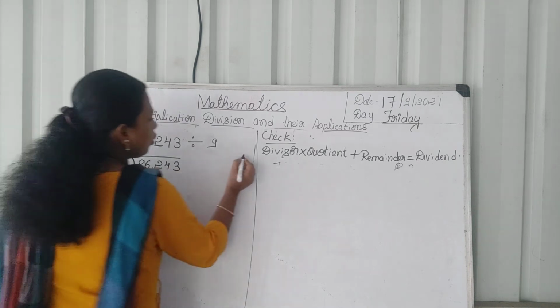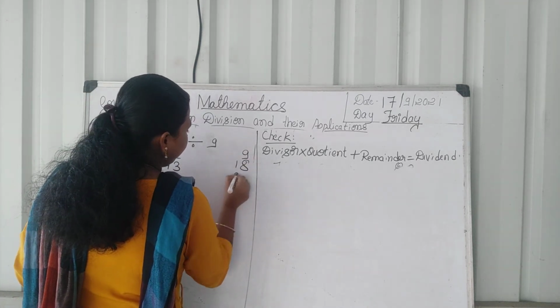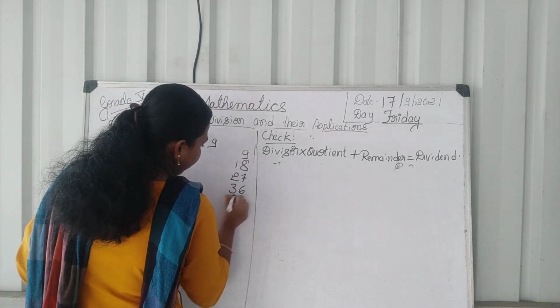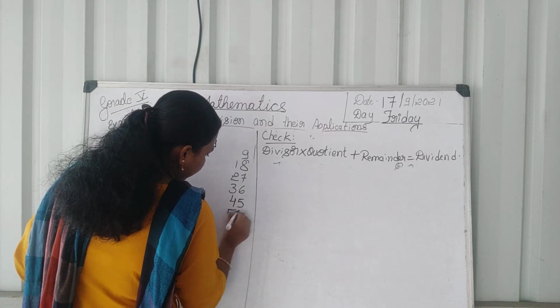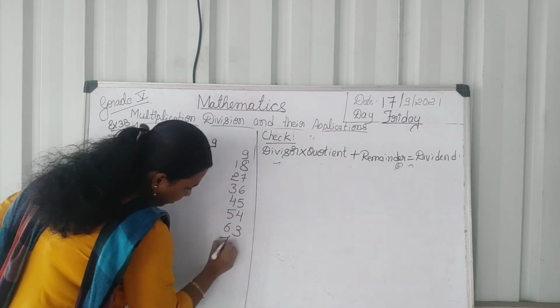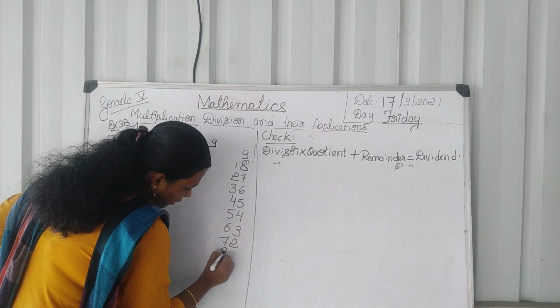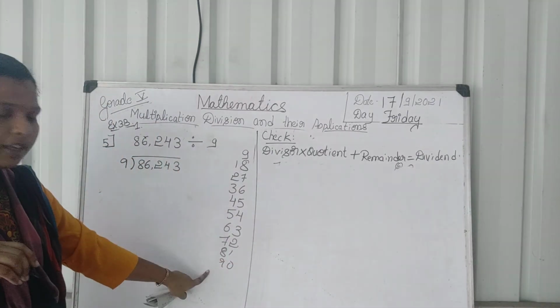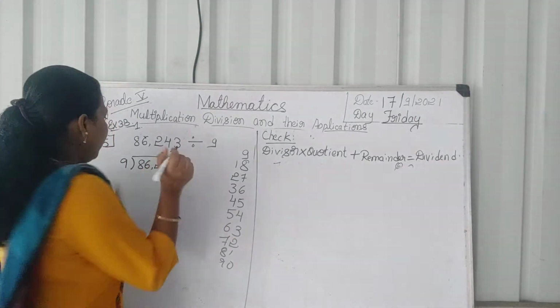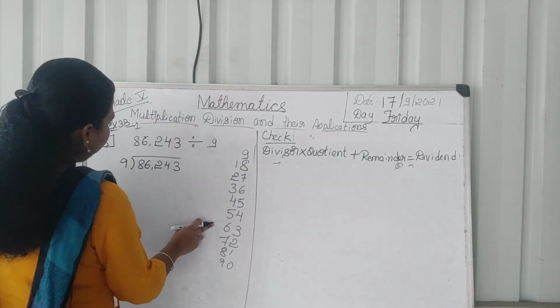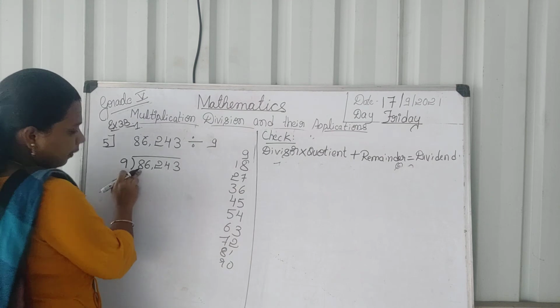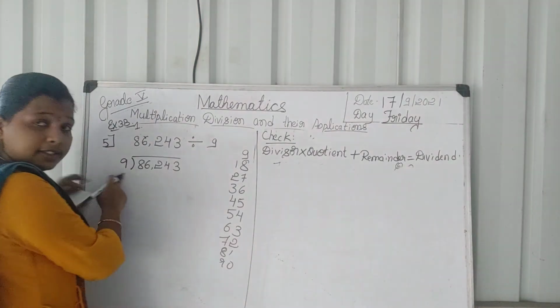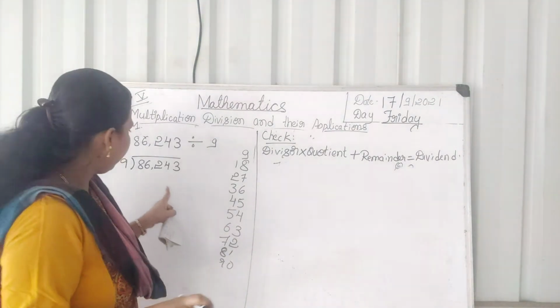Write down the tables on the right side of your page. 9 8s are 72. Now 86. This single digit is less than the divisor, so you should take 2 digits at a time.